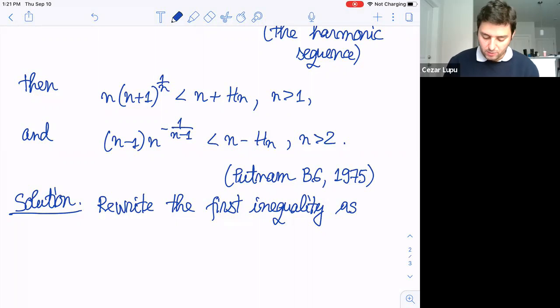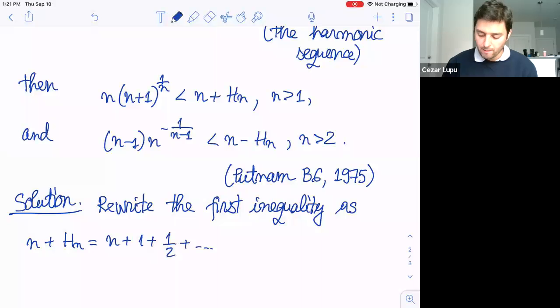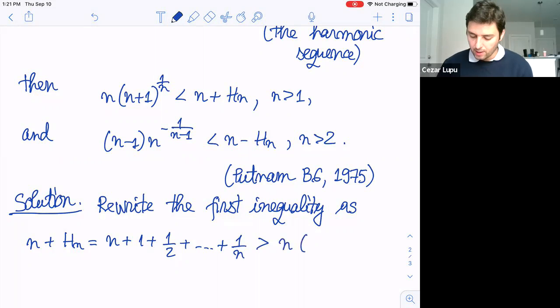Okay, let me write it in this way. So 1 plus, okay, n plus Hn. This is n plus 1 plus 1/2 plus up to 1 over n. And I have to show that this is strictly greater than n times (n plus 1), and I have the n-th root here.